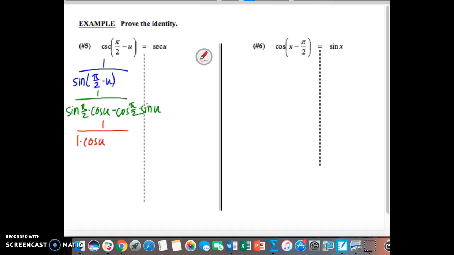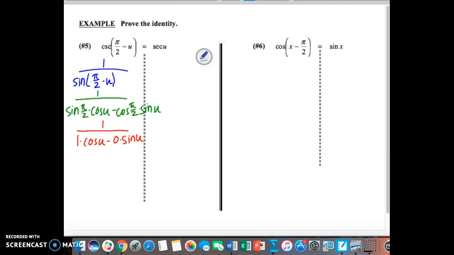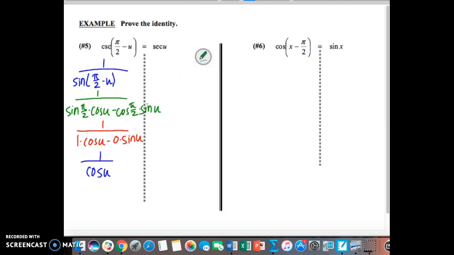And cosine of pi over 2 is 0, so we have 1 minus 0 times sine of u. So essentially we are only left with 1 over 1 times cosine of u, which is just 1 over cosine of u. And we know we can rewrite 1 over cosine as secant of u. So that's secant of u equals secant of u, and we successfully proved this.